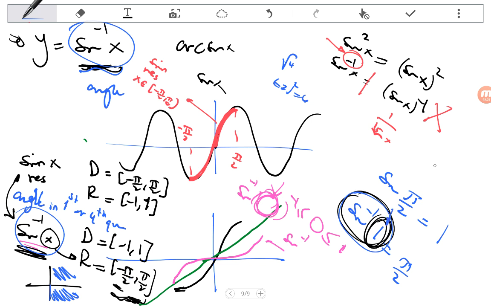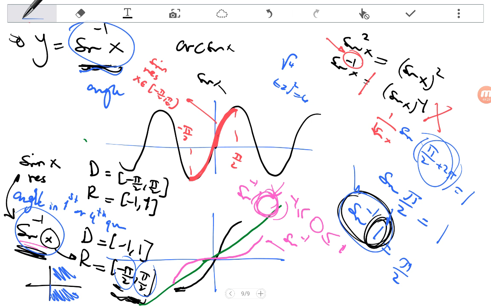For example, an angle pi over 2 plus 2 pi has a sine equal to 1. But would I say that sine inverse of 1 is equal to this angle? No. Sine inverse is a function. It has only one value, and that value must be confined between negative pi over 2 and pi over 2.